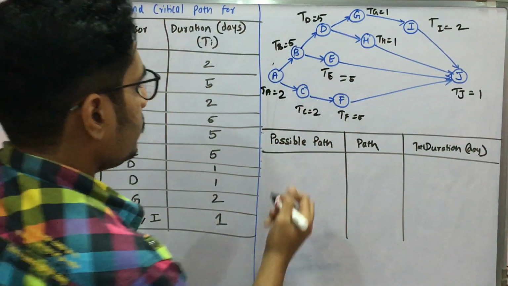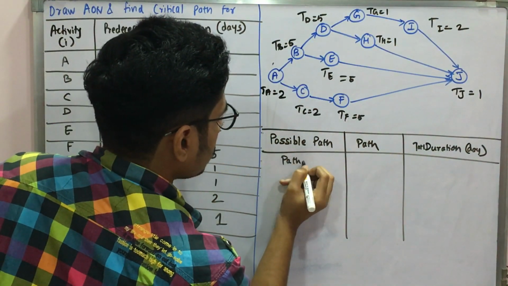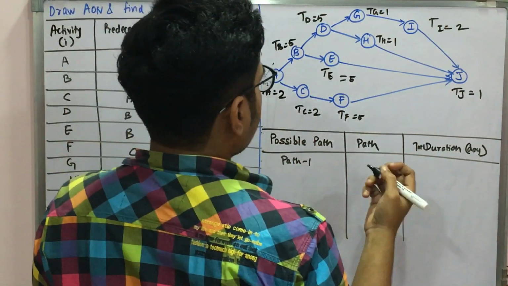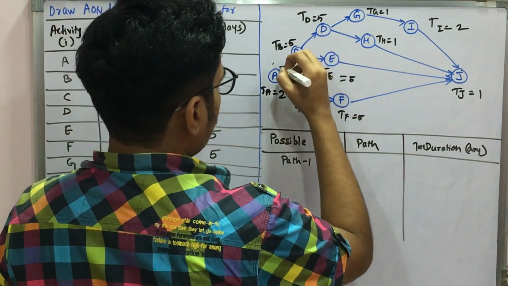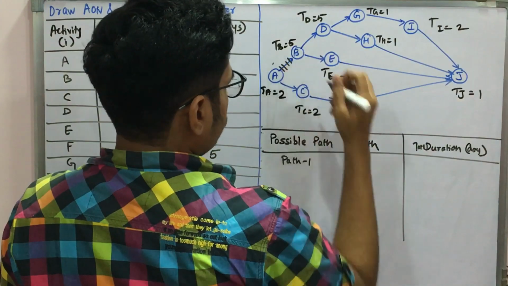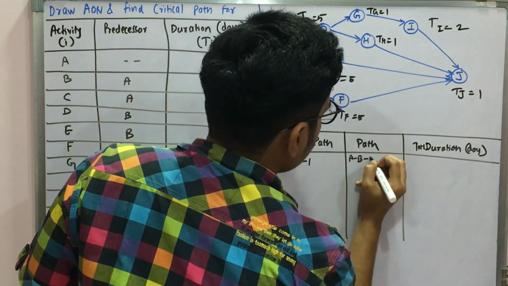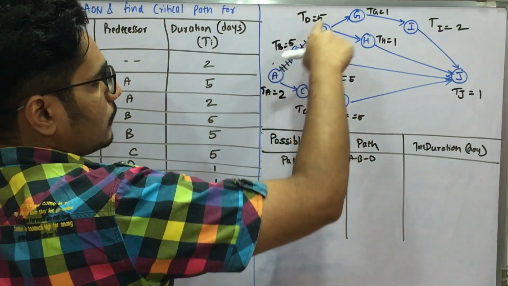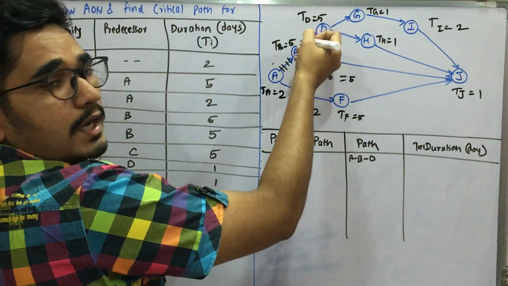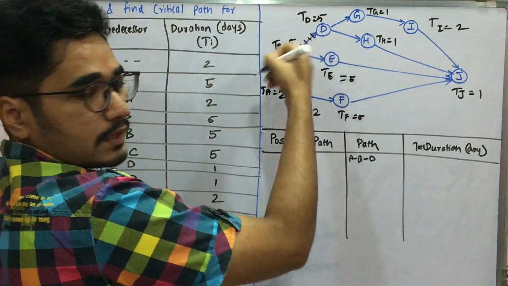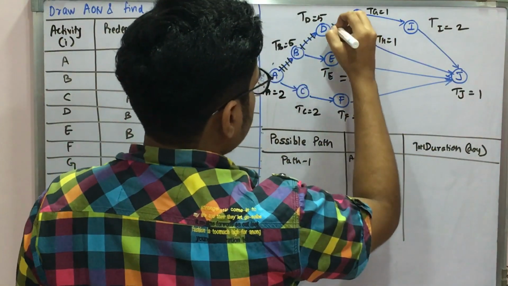So first we denote the first path as path 1, and we will be traversing this. So first we'll go this way, that is A to B, then B to D. Remember, when you traverse you have to draw lines across these arrows.